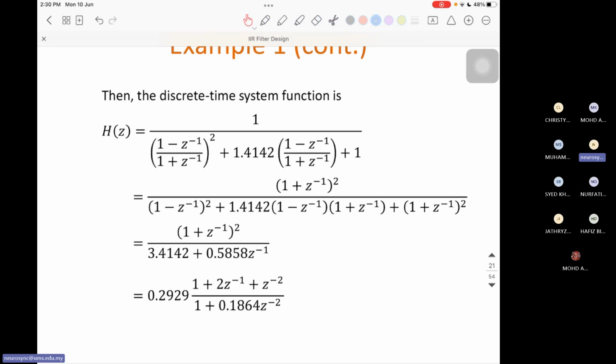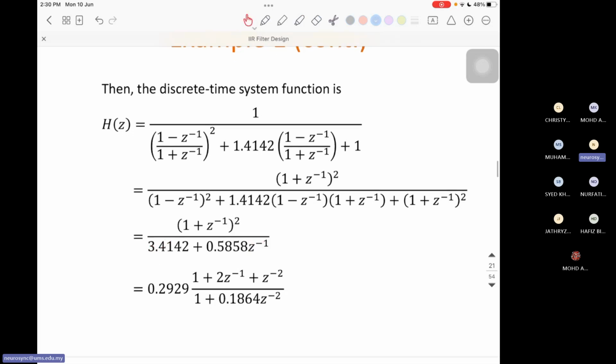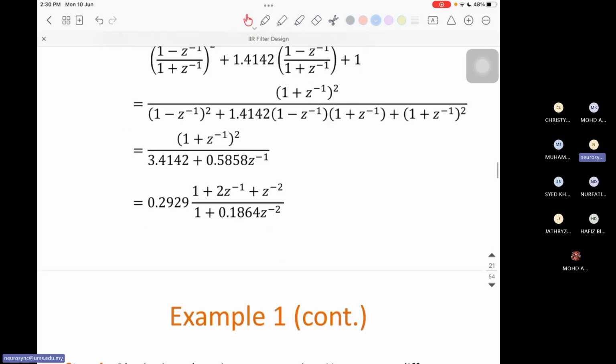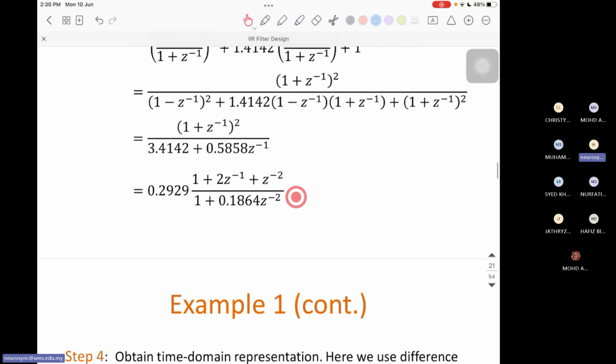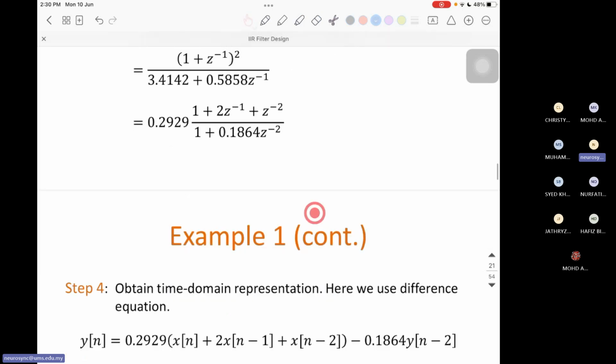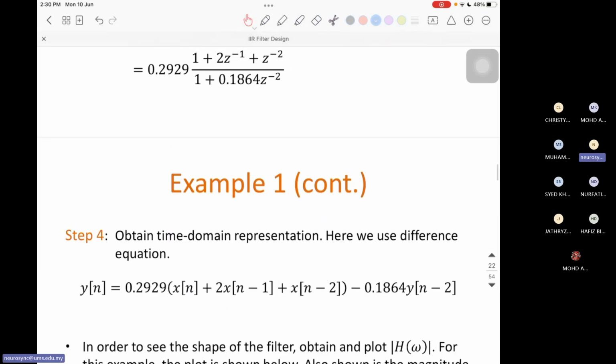So you will get the final H of z like this. And again, if you solve this, take this term common here and 1 in the denominator like this, you will get H of z like this. Now the fourth step is to get the time domain representation, the difference equation.